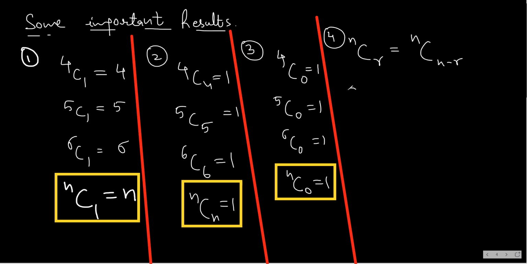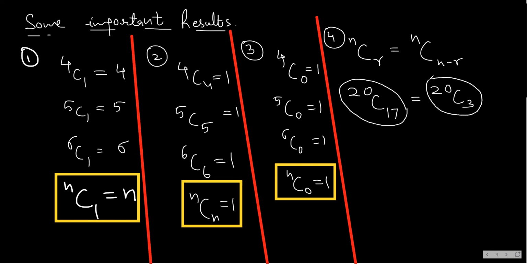Suppose I have here 20C17. So remember, students, 20C17 is the same as 20C(20 minus 17), that is 20C3. NCR is equal to NC(n minus R). I can show this for you.